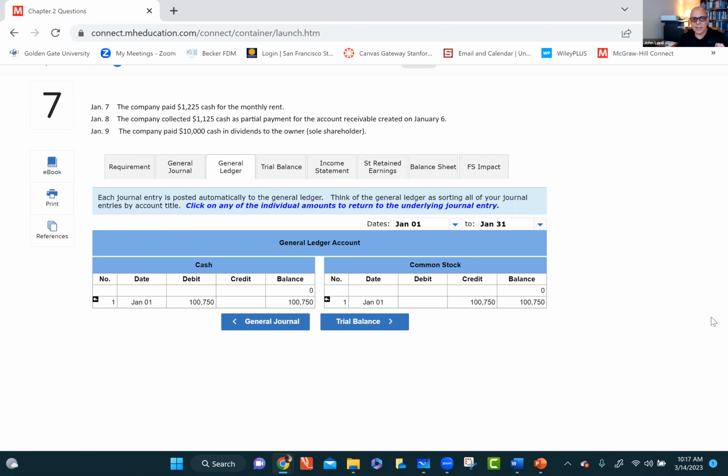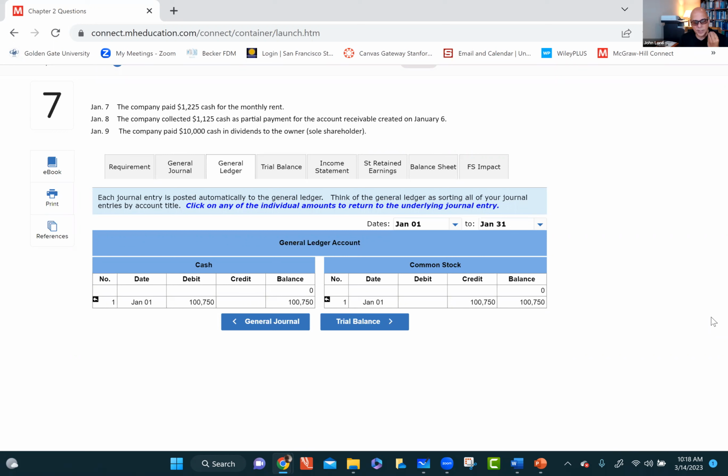But in practice, the general ledger software would keep not letting that transaction go through, and it may even give you a dialog box with an error message saying, your debits don't equal your credits, I'm not going to accept this transaction. So we don't have the possibility of things not balancing because the software would have prevented that.